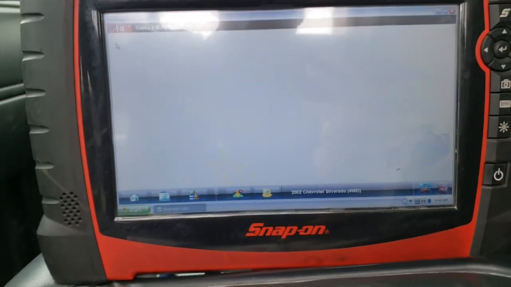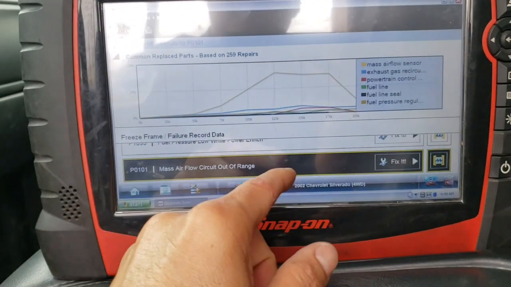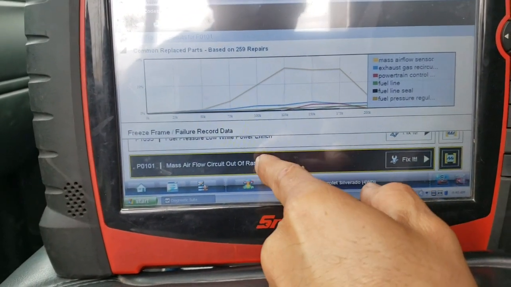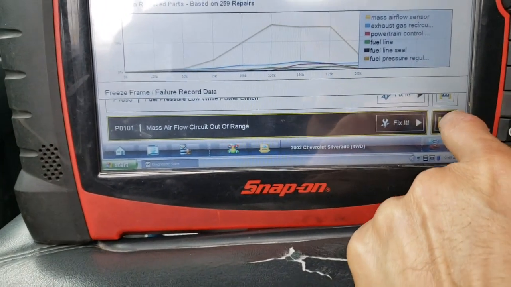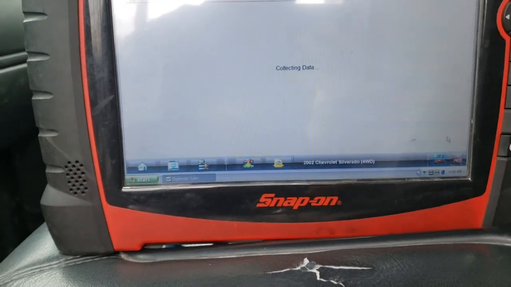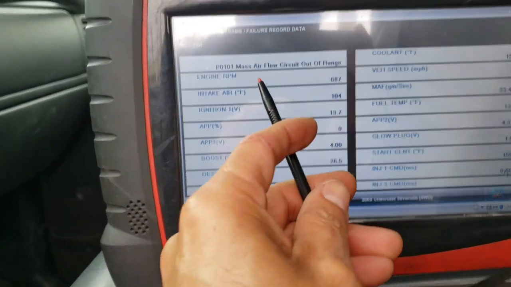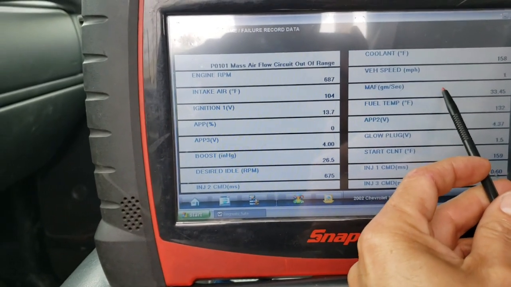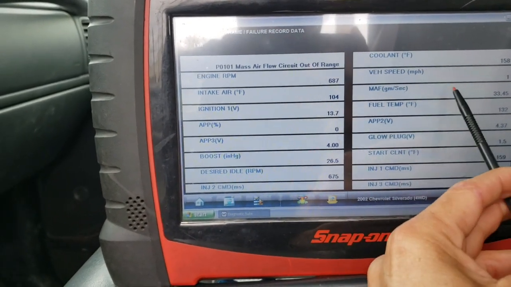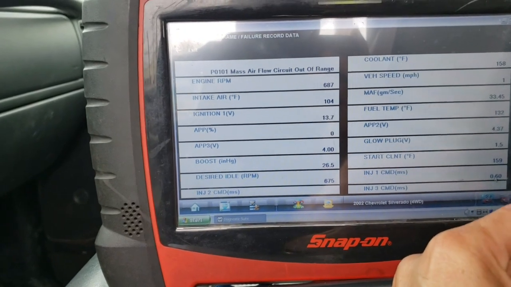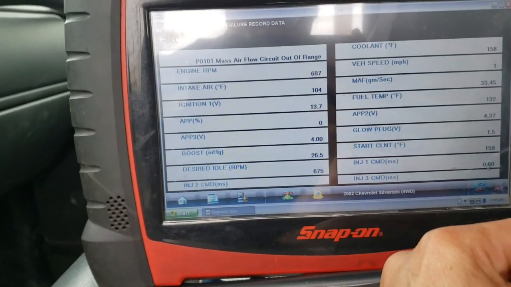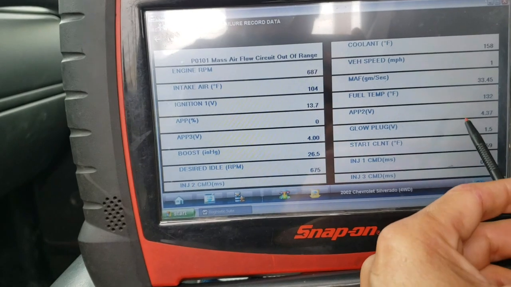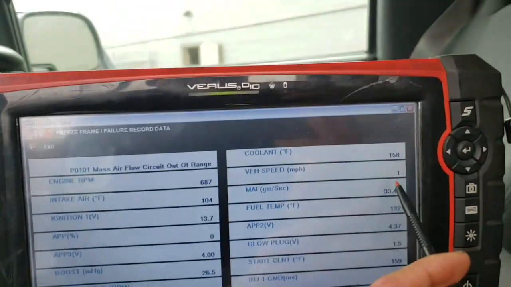So in this case, let me check here freeze frame data for the mass airflow sensor. Okay, let's see what happened with that one. This is the code P0101. Mass airflow sensor is showing 33 grams per second, which is not bad for this diesel at idle. The vehicle wasn't moving.